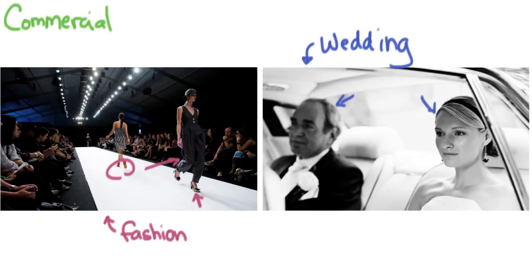Wow, look at those. You might be being paid by the makers of those, or maybe the people who are putting on the show up here, or maybe this rich guy over here wants some photos. Whatever the case is, you're working as a commercial photographer often in these situations. And the difference between those is who's paying you, essentially.